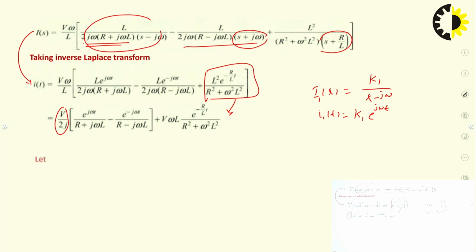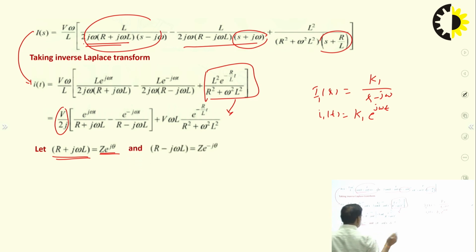So now let r plus j omega L equal to z e to the power j theta. So basically it is in the rectangular form, and we are going to convert it into the polar form. So say r plus j omega L is equal to z e to the power j theta, and r minus j omega L equal to z e to the power minus j theta.